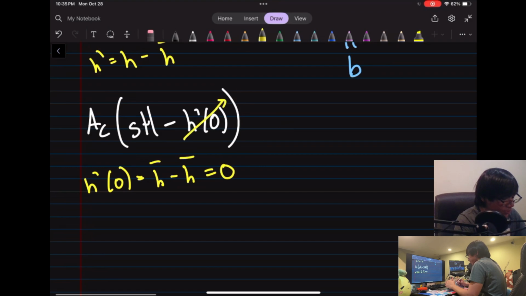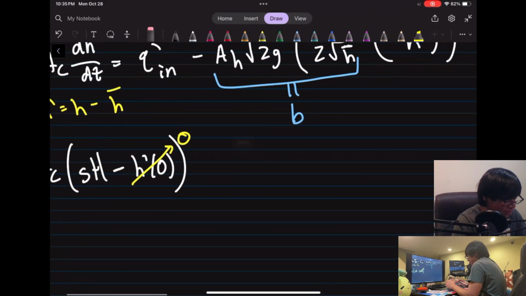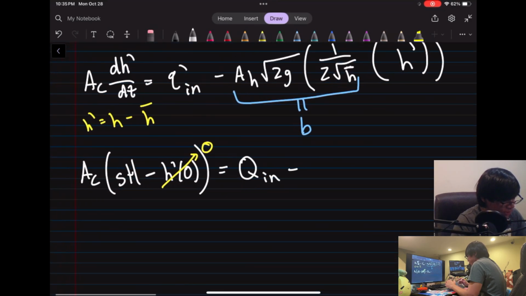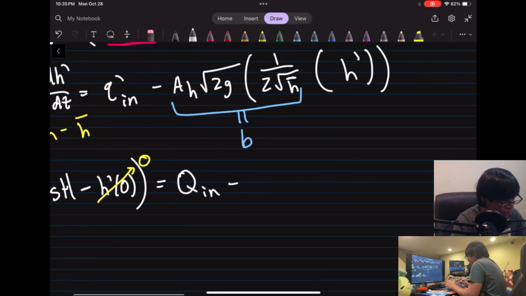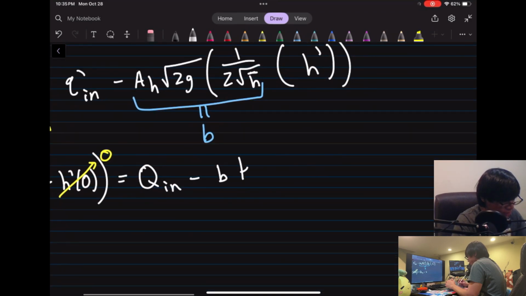So this term becomes 0. That's why we went all out of our way to do that. Again, Laplace transform of q is just big Q. Again, this is now in terms of a deviation variable, so keep that in mind. We simplified those constants to b, and then h prime is just big H.